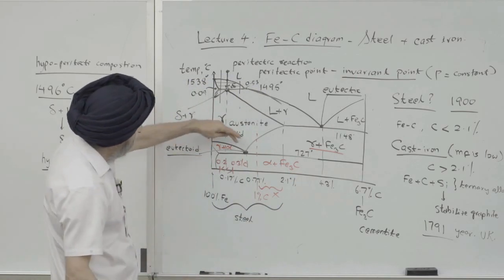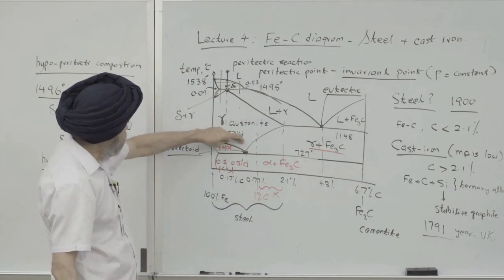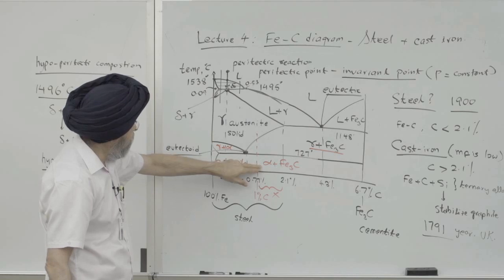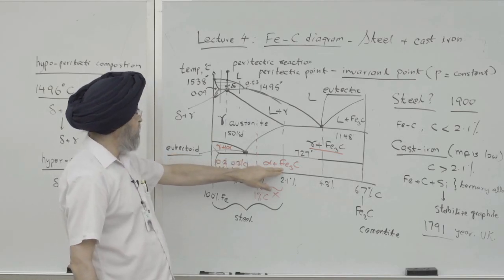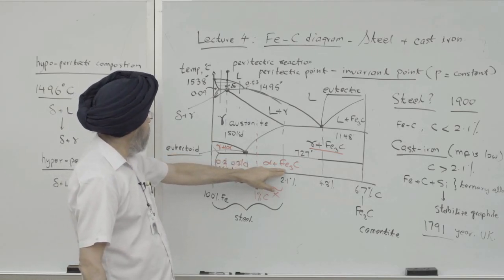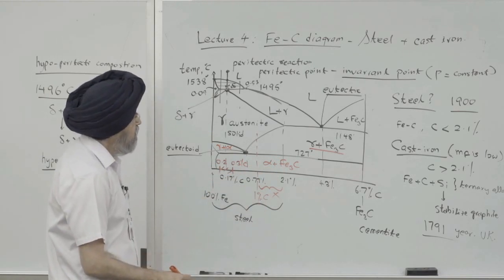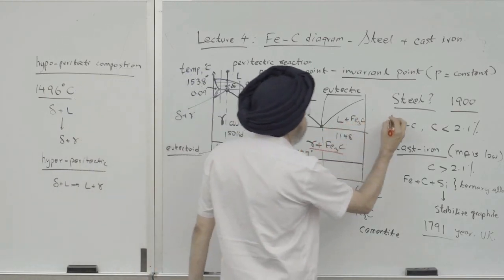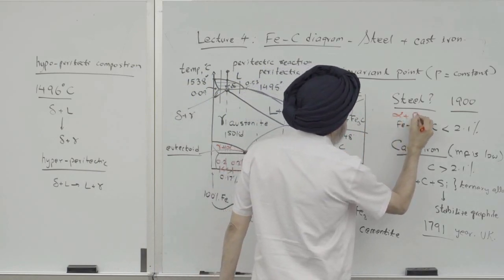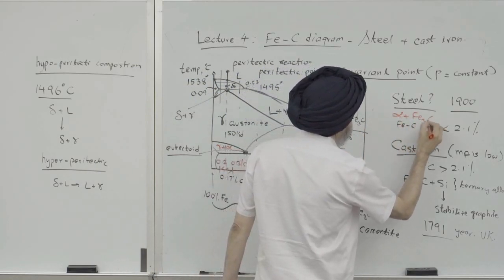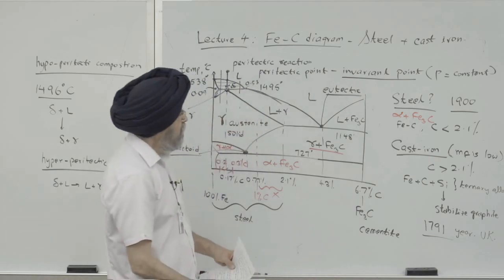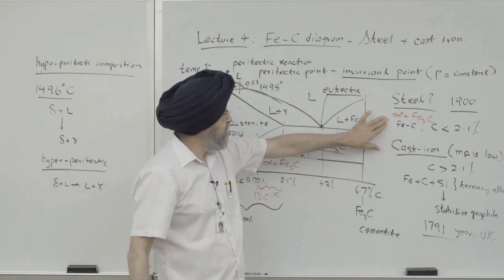So the eutectoid reaction is where austenite goes to alpha plus Fe3C, the cementite, and so steel contains alpha plus cementite. Those are the two phases in steel.